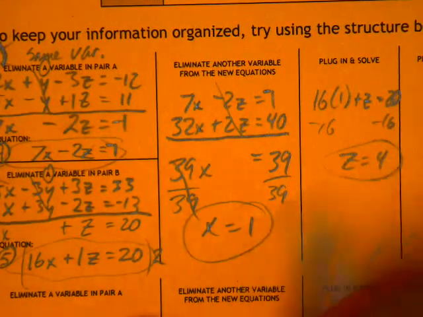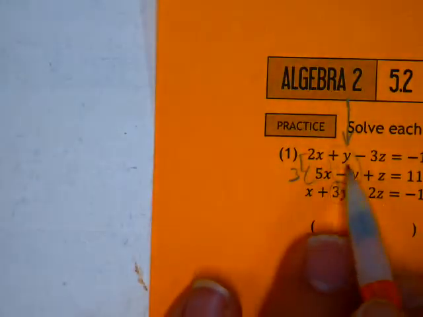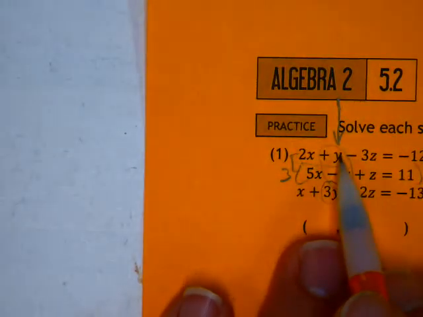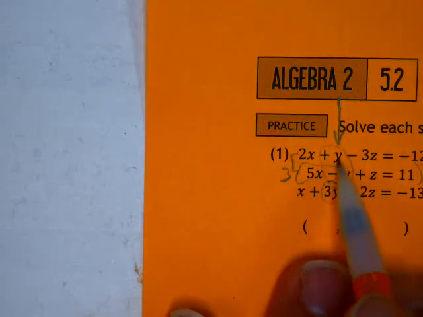Now we have enough information to go back to the original 1, 2, or 3, plug 1 in for x, 4 in for z, and find our y. And I think equation 1 is probably the best because it has a y by itself. If we're solving for y, you could solve for any of these, but y is already set. So we're going to go back.